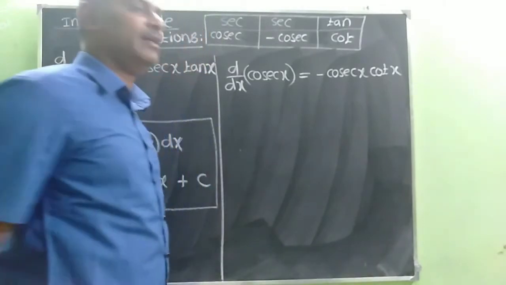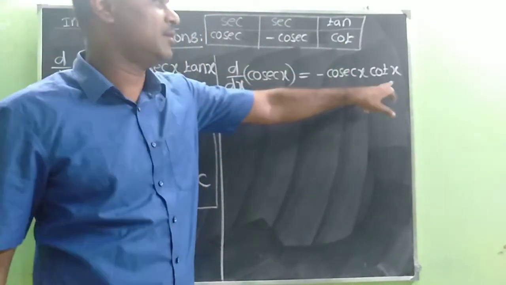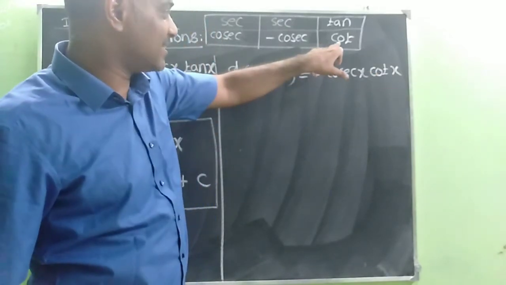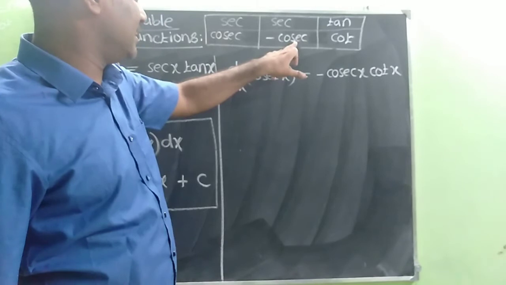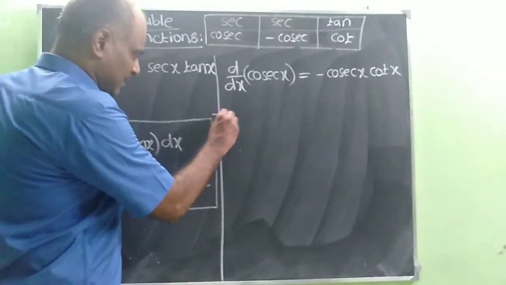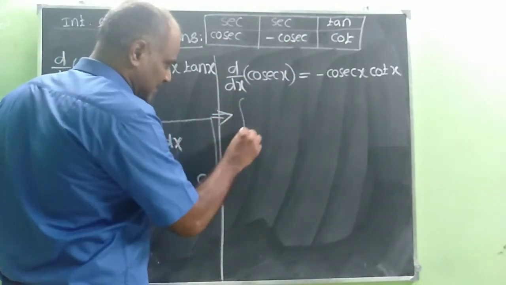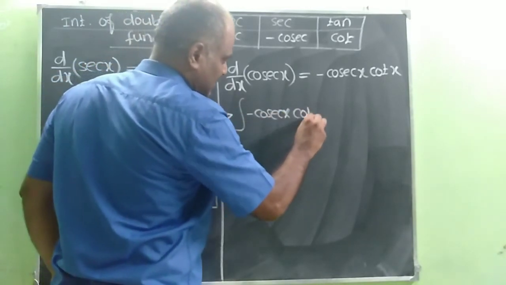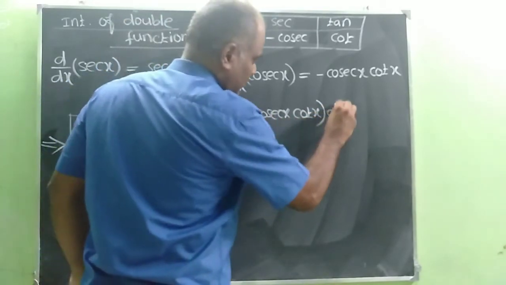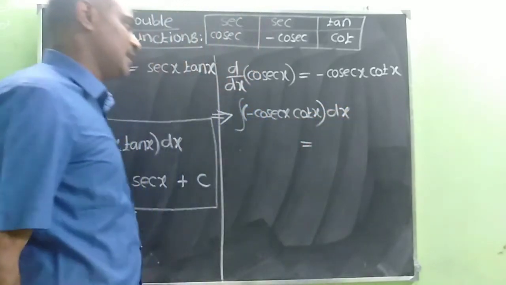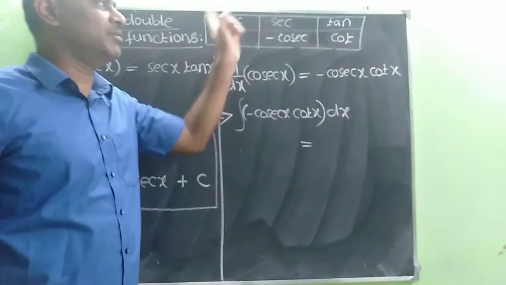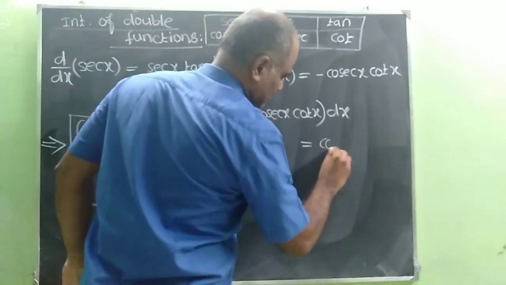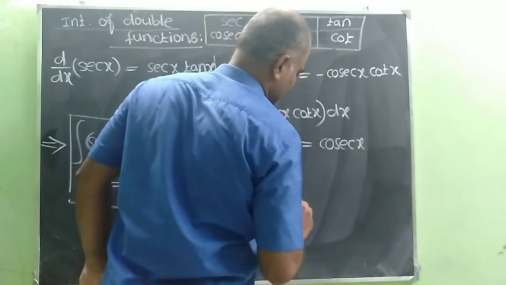Next, integration of minus cosecant x cot x equals cosecant x. Similarly, integration of minus cosecant x into cot x equals cosecant x.